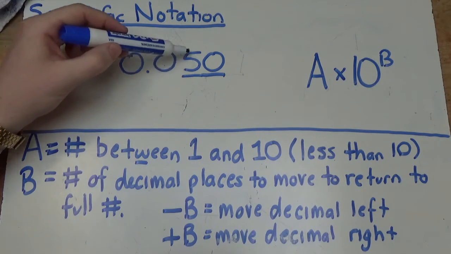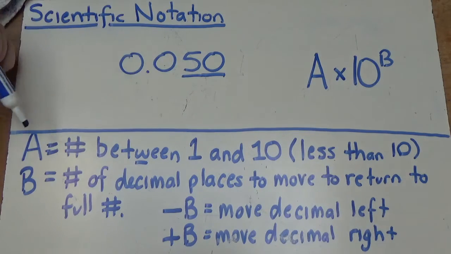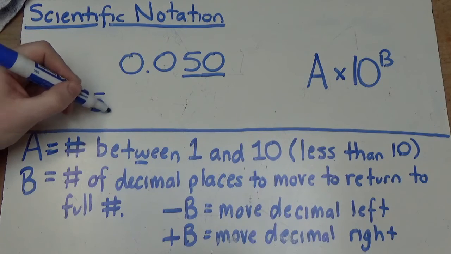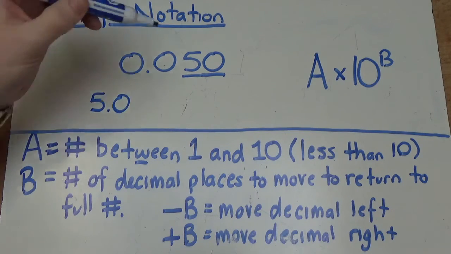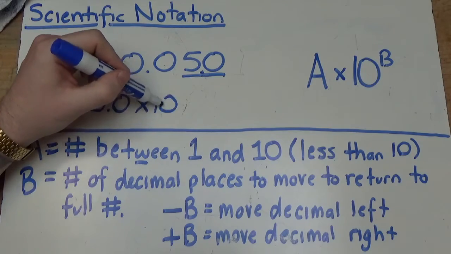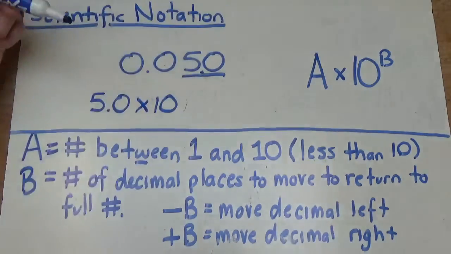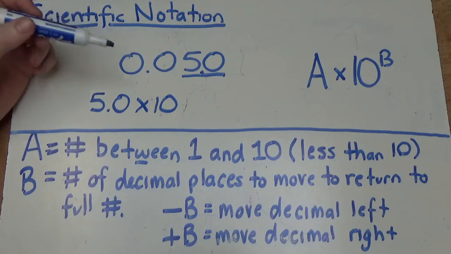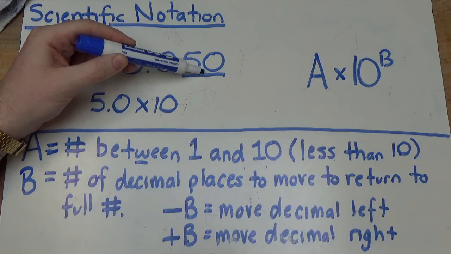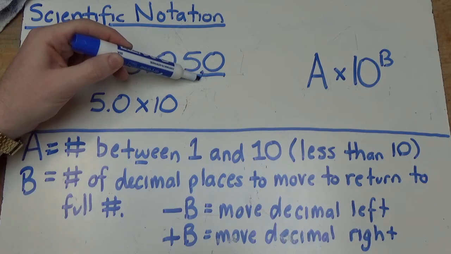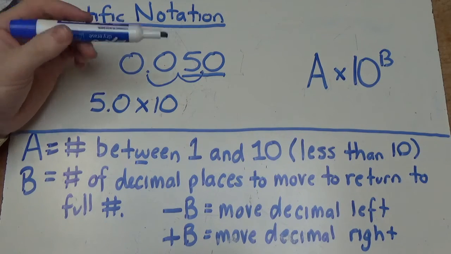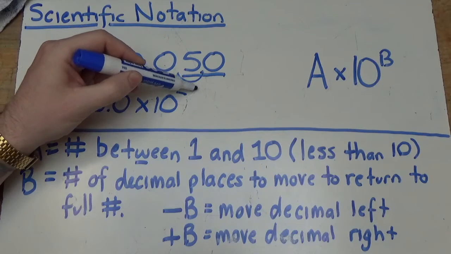So I want to write all of these significant figures in a number that is between 1 and 10. 5.0 times 10. And when I'm thinking about my B number, I need to think, how many decimal places do I need to move this to go back to my original number? 1, 2 places to the left. So this is going to be a negative 2.